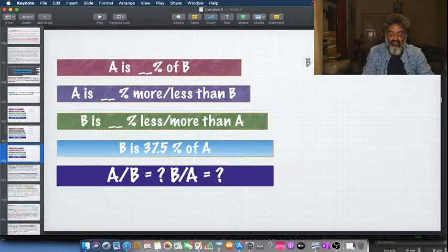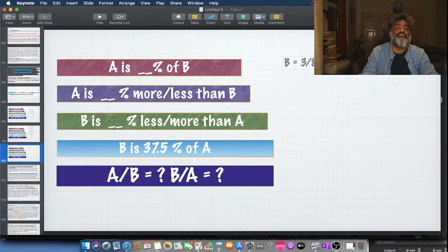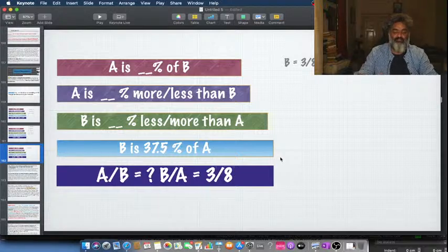So B is equal to 3 by 8 of A. Now this time I'm not slowing down and writing 37.5 by 100 because I have put in that effort already, right? It's available in documentation. So B is equal to 3 by 8 of A, which immediately gives me the ratio B by A as well, right? 3 by 8.